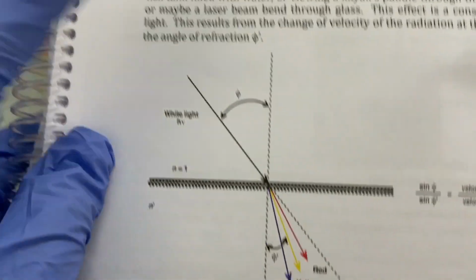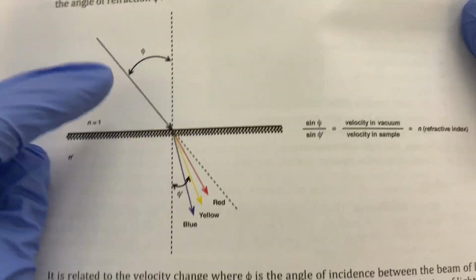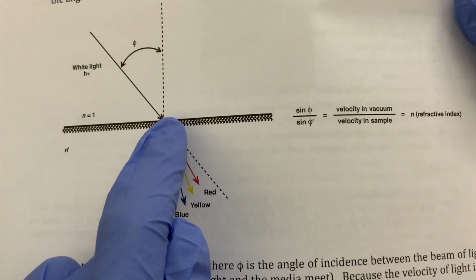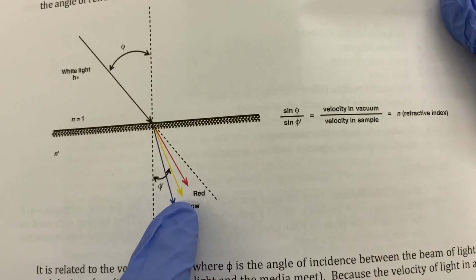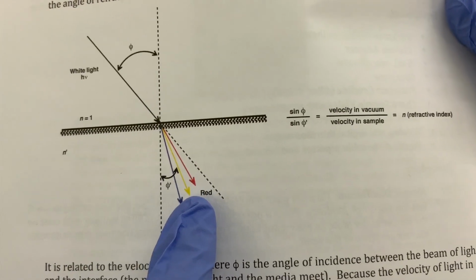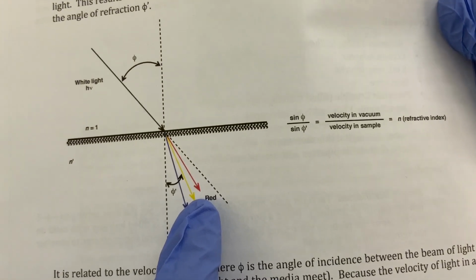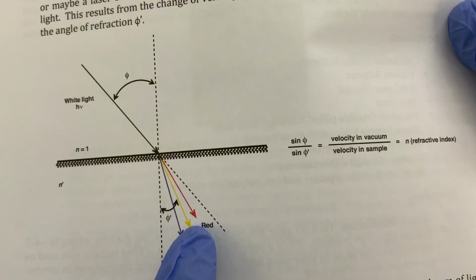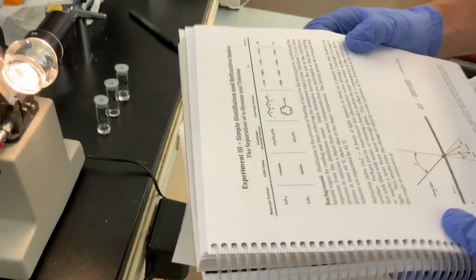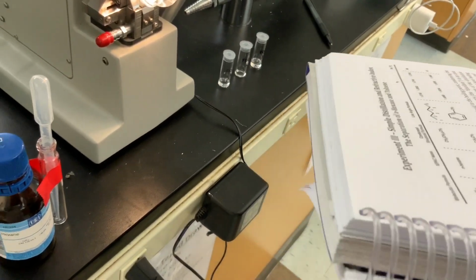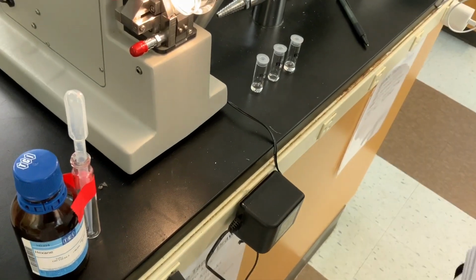So this is where the light is coming in, and then it's going to hit the small layer of our standard and then our fractions, and then it's going to be bent somewhat. It's going to refract as it travels through this. And so from there we'll be able to determine the extent at which that occurs, and we get a unitless number n for refractive index, subscript capital D for 589 nanometers, the sodium D line.